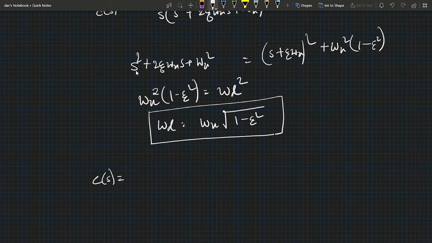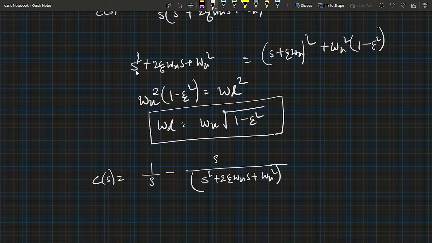Say this is 1 by s minus s plus 2 zeta omega n, divided by s squared plus twice zeta omega n s plus omega n squared.